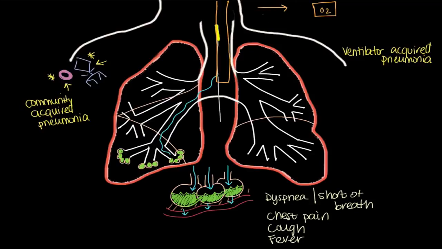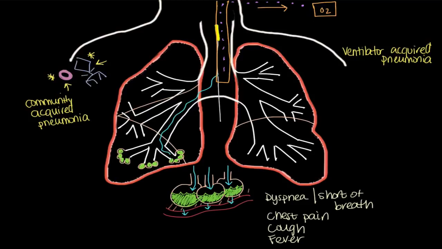Well, what's the problem with this? Because it's a direct route from the outside to the inside, things like bacteria, viruses, and other harmful organisms can get inside of the tube, grow, and cause a pneumonia infection.